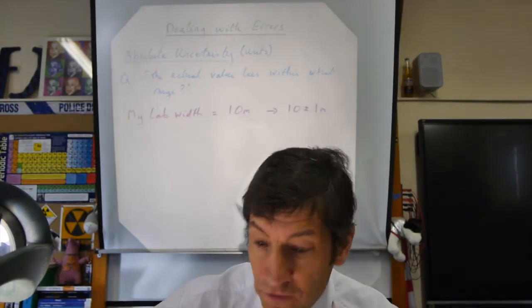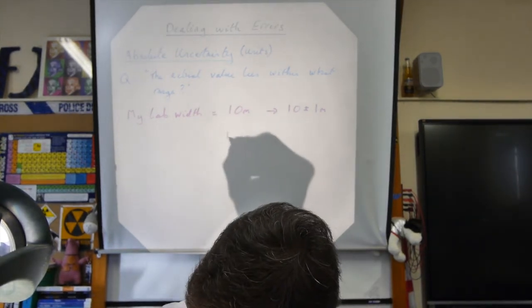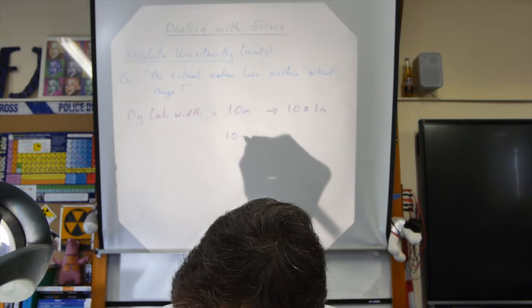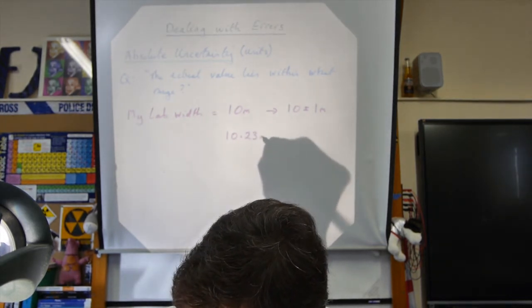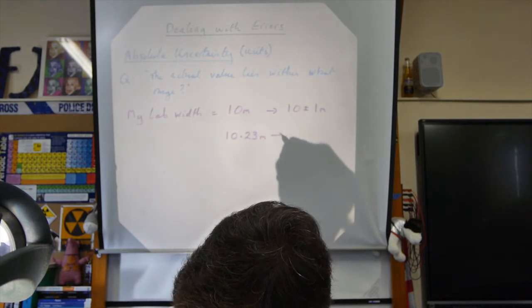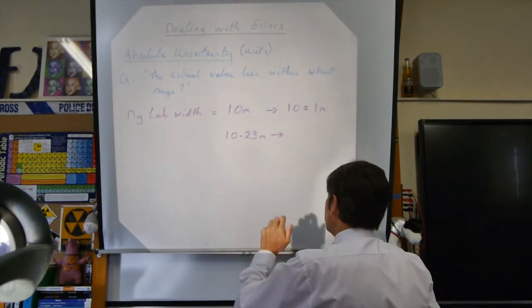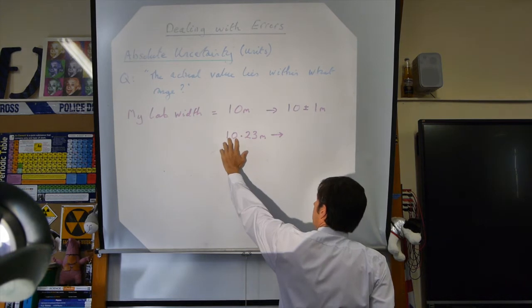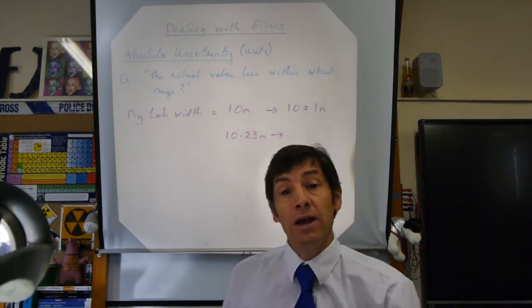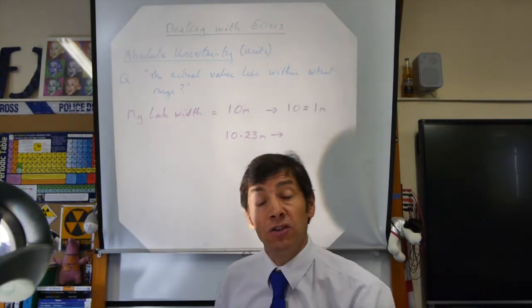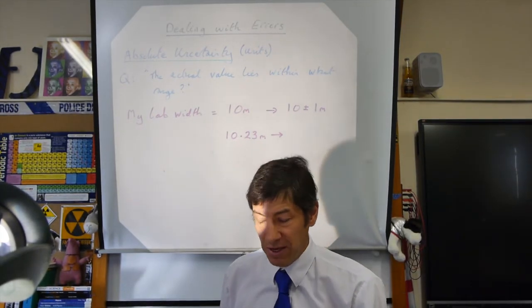So if I say that my lab is 10.23 metres, what I'm saying there is that it's 10 metres and 23 centimetres. So I'm now measuring the width of my laboratory to the nearest centimetre.